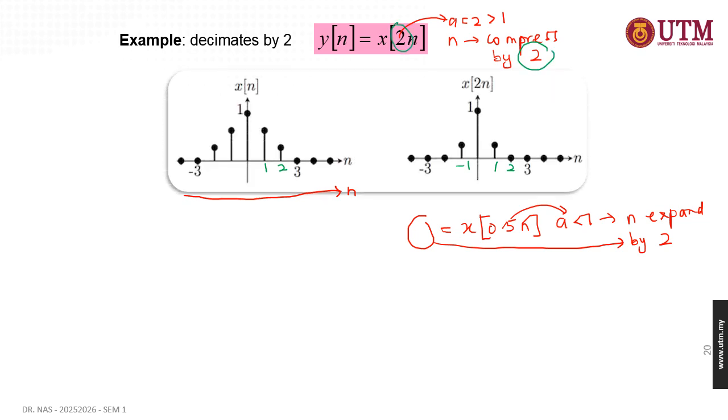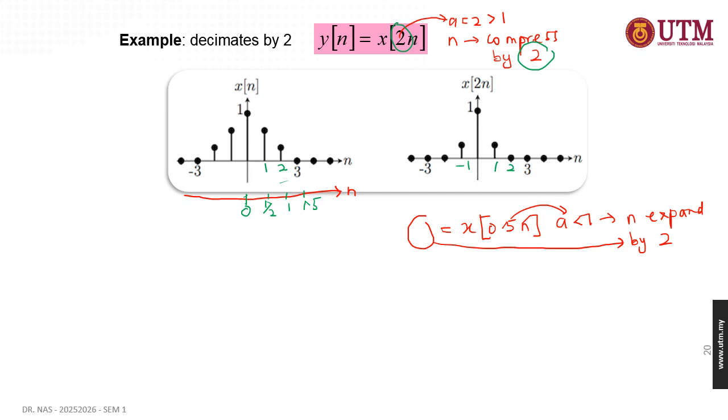This is the input signal, the given signal, so you need to compress the n by 2. So 0 divided by 2 is 0, 1 divided by 2 is 0.5, 2 divided by 2 is 1, and 3 divided by 2 is 1.5. The same goes for the left-hand side.